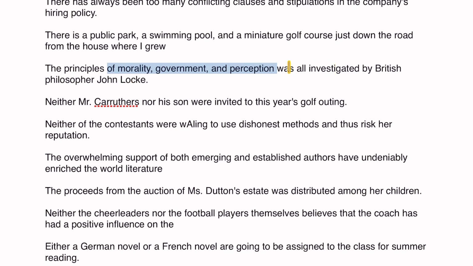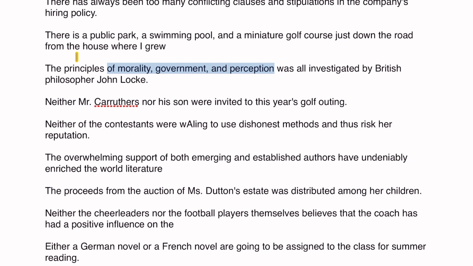طيب was هنا ما تنفعش لأن the British philosopher هنا has the were verb to it. Were all investigated. all دي plural. was دي singular. فلو شلنا ال prepositional phrase أول حاجة الغي ده وقرينا الجملة تاني.